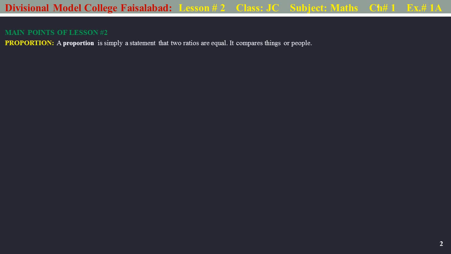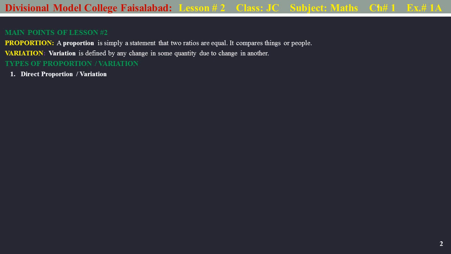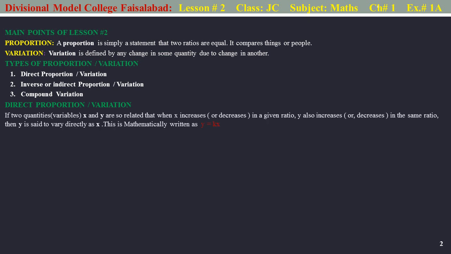In that lesson we defined proportion and variation. Hope this concept is clear. Then we defined types of proportion: number 1, direct proportion; number 2, inverse or indirect proportion; compound variation. Then we defined direct proportion.